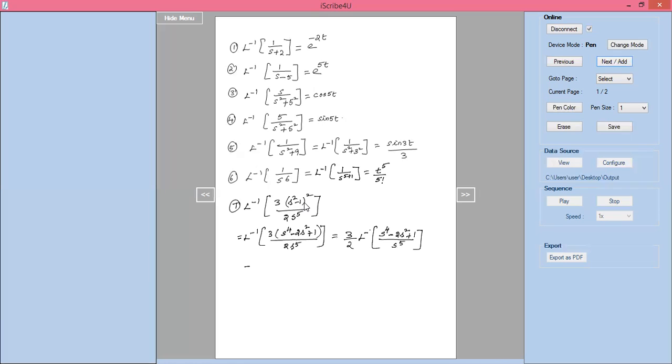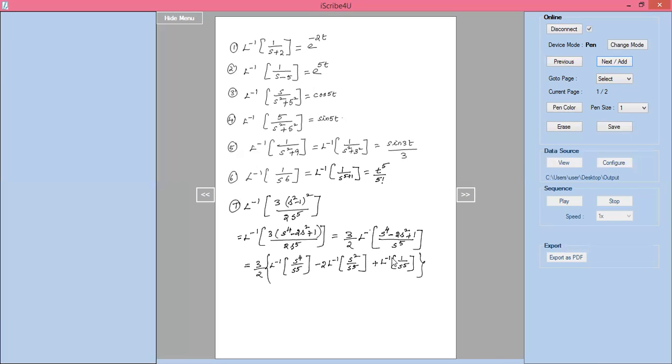Now I'll write 3 by 2 into L inverse of s power 4 divided by s power 5, this is the first term, minus 2 into L inverse of s square divided by s power 5 plus L inverse of 1 divided by s power 5.